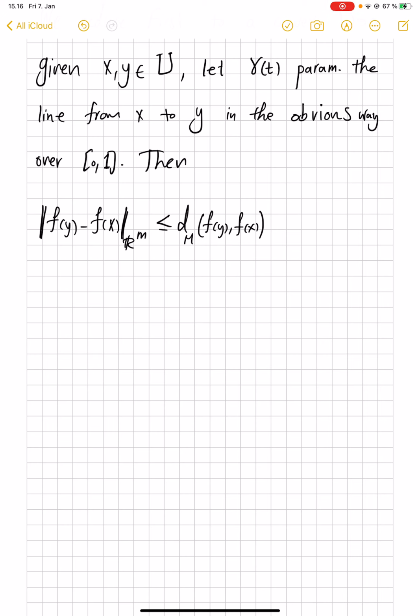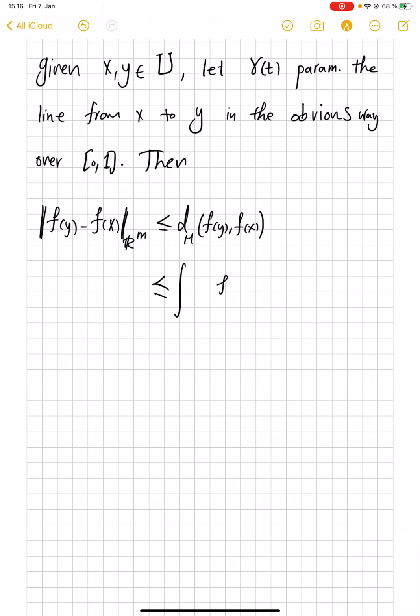So if you insist on being in the manifold, you may have to take a different path, which only makes it longer. So if we show that this dM is less than something, we have already shown that the other metric is also less than that.